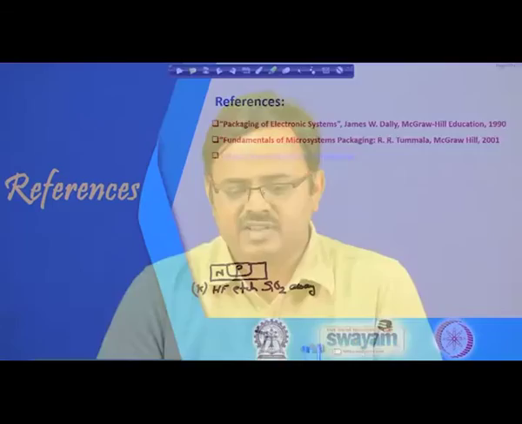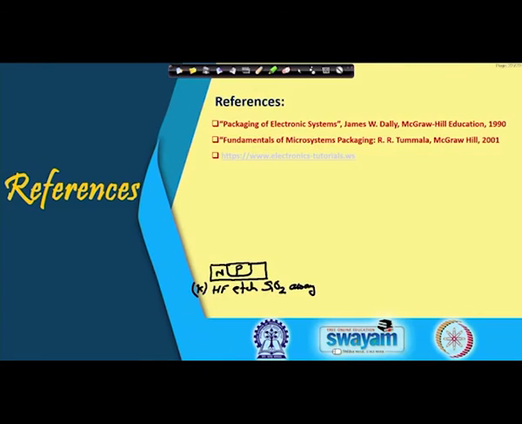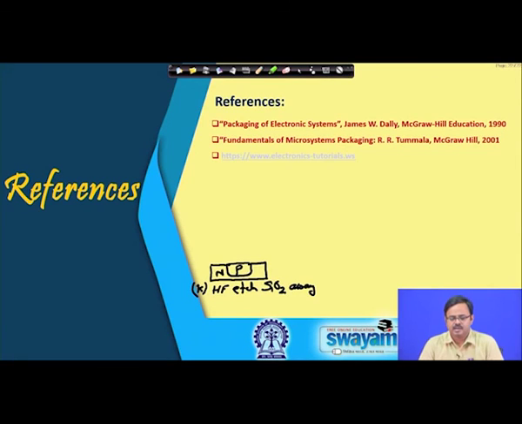The references for the materials that we have discussed so far are again our two textbooks, Packaging of Electronic Systems by Daly and Fundamentals of Microsystems Packaging by Tummala. And also this is a very good resource, electronicstutorials.ws. Here, if you want to go through the fundamentals and brush up some of your basic electronics, this is a very good resource.